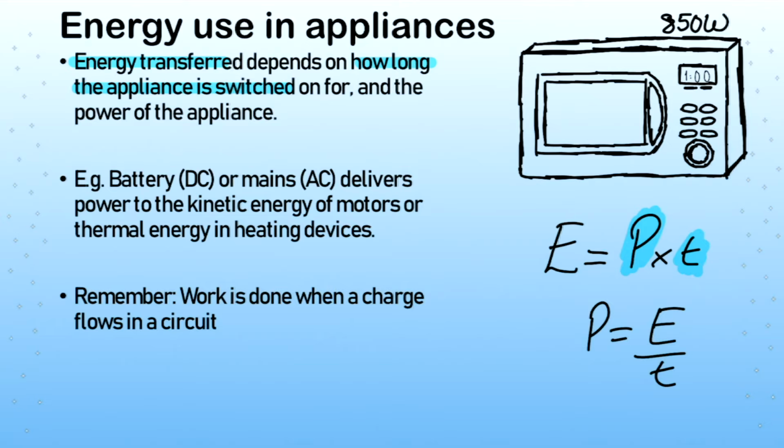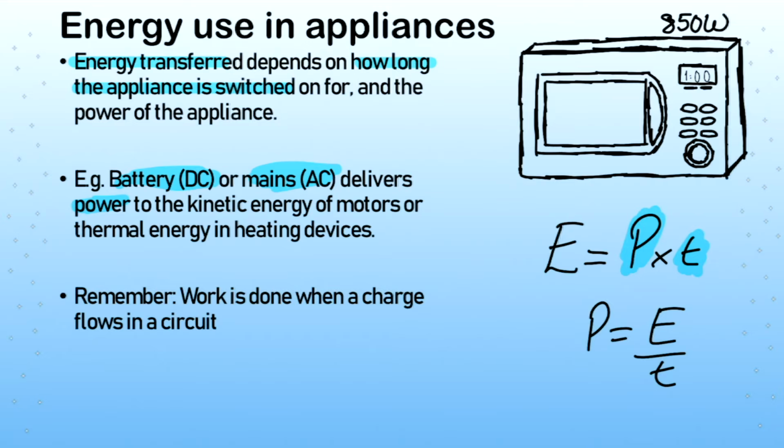And both a battery, which is direct current, or a mains alternating current, they both deliver power to whatever appliance it is. They're delivering current, which is charge, and the current is the charge per second or per time. And remember, the potential difference is how much energy each of those bits of charge is delivering.